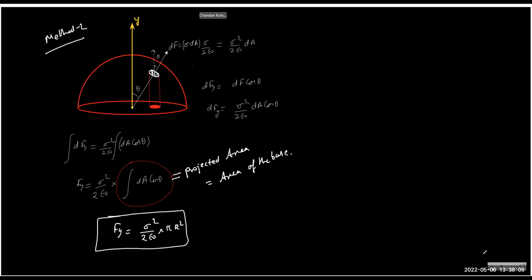It means if you consider the patch, there is a thickness of the shell. The upper surface will experience the pressure outward, but the lower will experience the pressure inward. So the net force is zero.